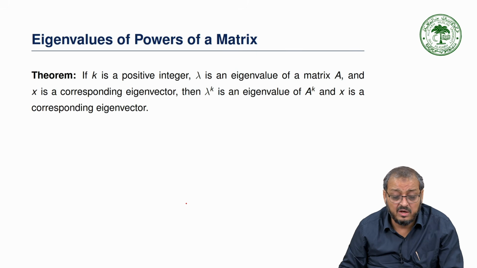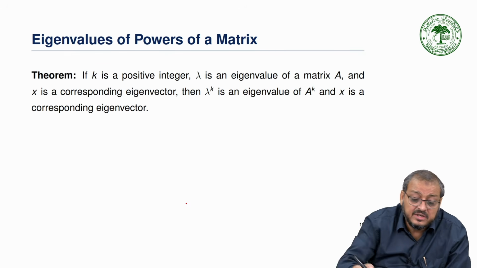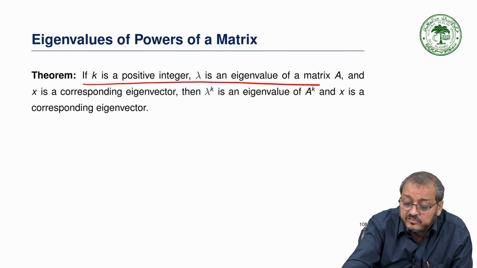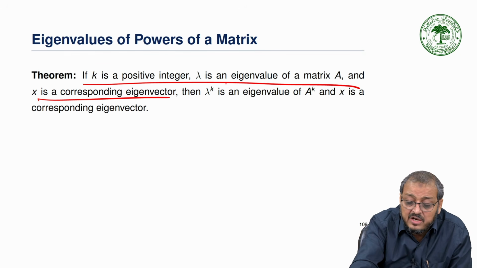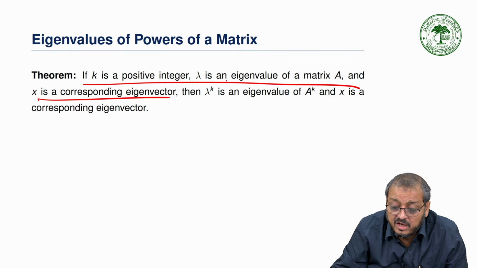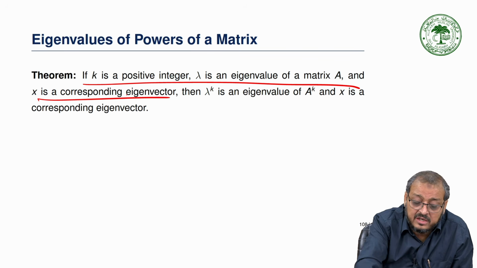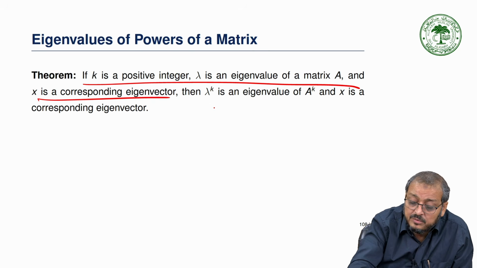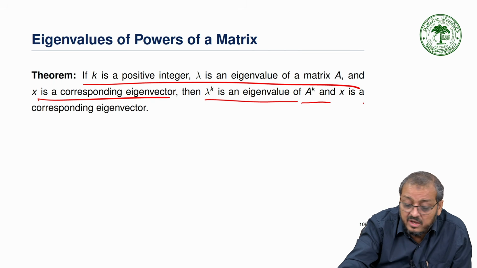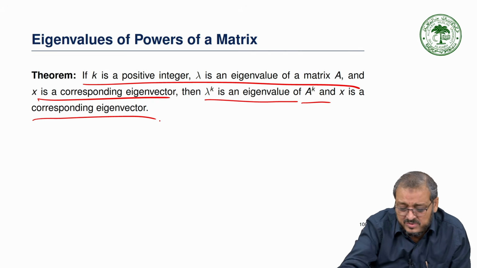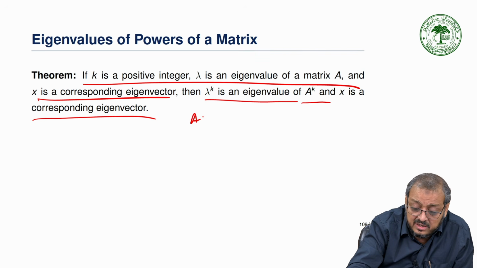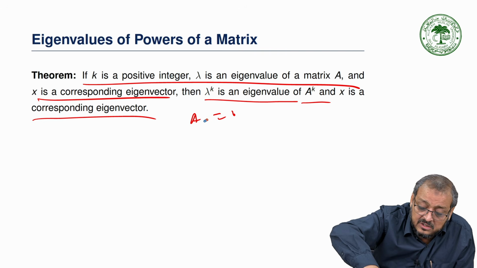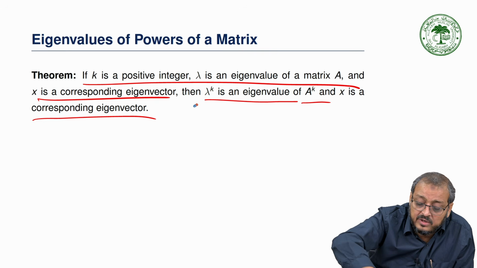Okay, now we have to prove that if lambda is an eigenvalue of A corresponding to x, where x is the corresponding eigenvector, then lambda to the power k is an eigenvalue of A to the power k, with x as the corresponding eigenvector.